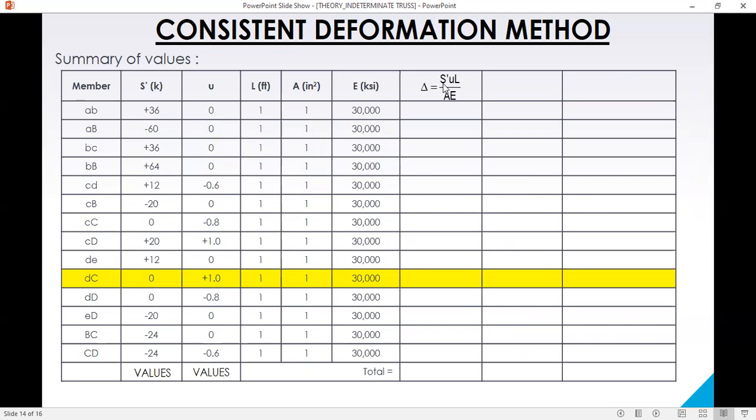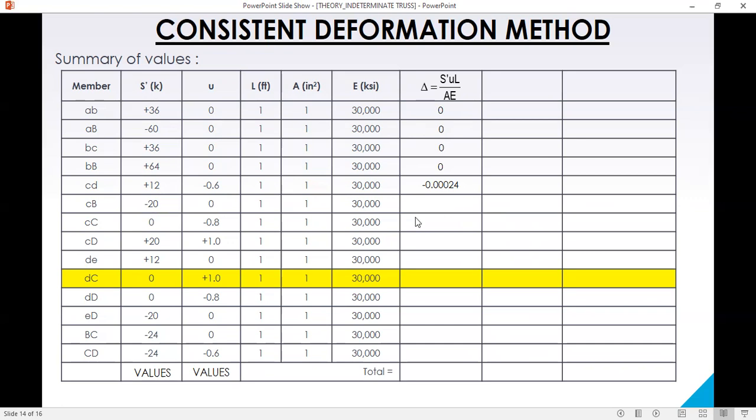Okay, so to solve for delta, mostly the U is 0. So, S prime times U, L over E is 0. 0, 0, 0, 0. This one, there's a value. S prime times U, L over E, negative 0.00024.